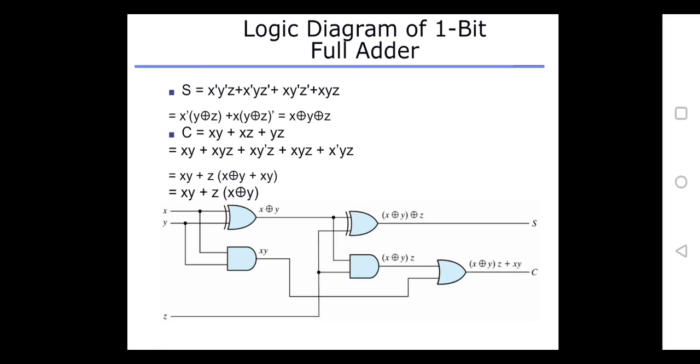Here the first part represents a half adder, and the second part also represents a half adder. The two carry outputs of the half adders are connected to an OR gate, which is used to represent the carry. So this is the structure of a full adder circuit using two half adder circuits and an OR gate. Thank you.